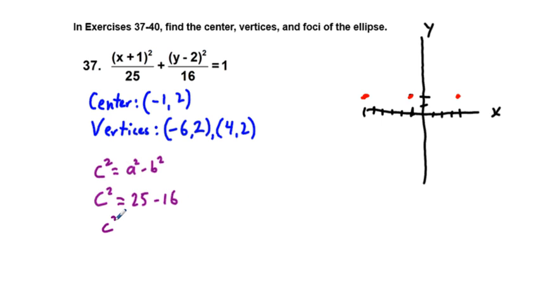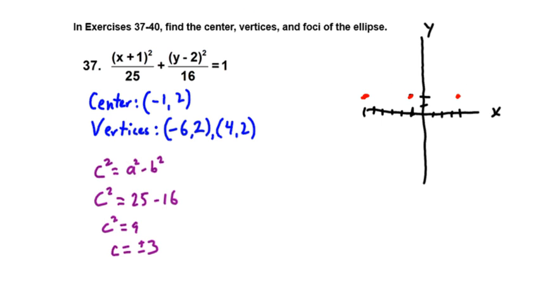So c squared is going to be equal to 9. So c is going to be equal to 3. And what this is, it ends up being plus or minus 3. And we're going to explain this. So it's going to be 3 to the left and 3 to the right of our center.